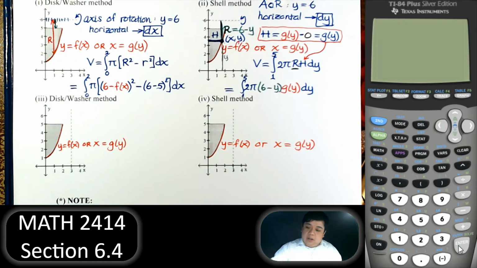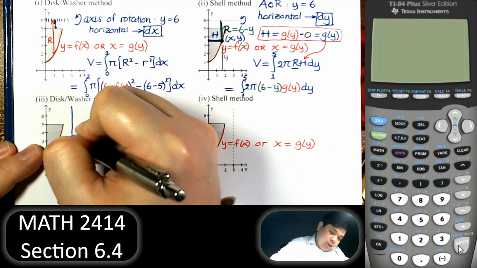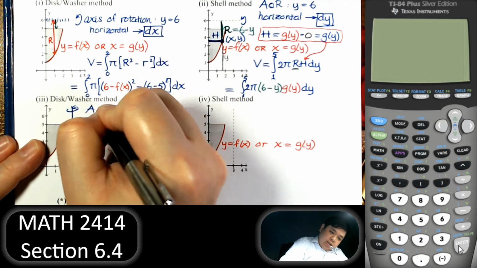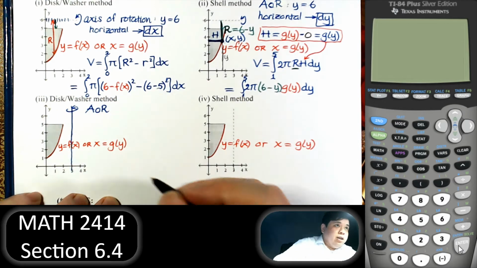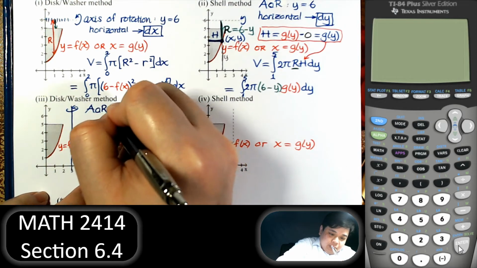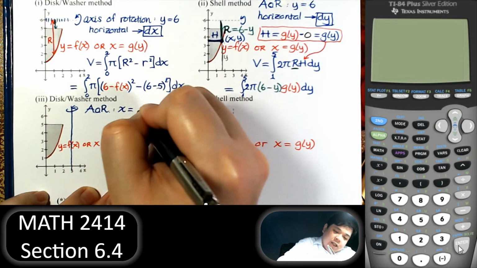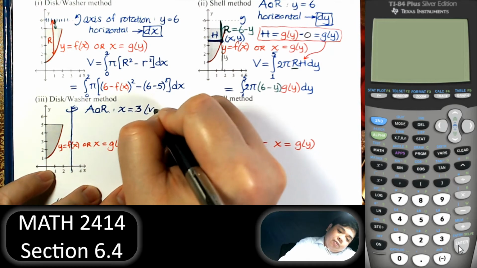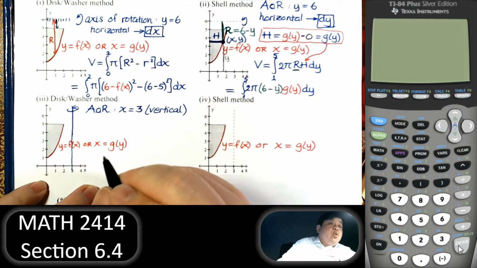Axis of rotation, this time it is x equal to 3, which is vertical. In addition, what's the method?